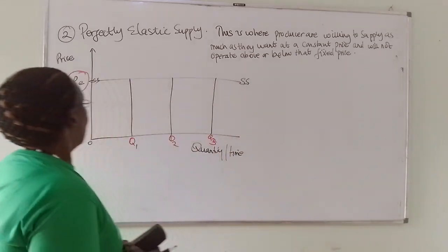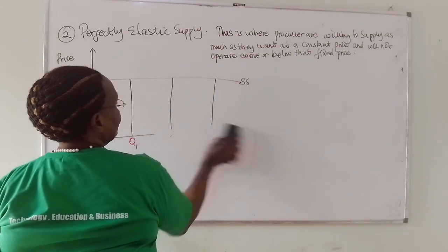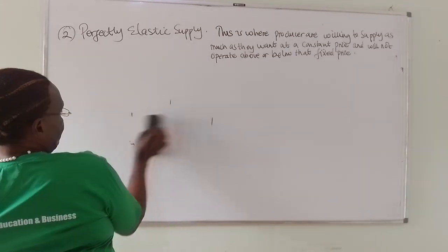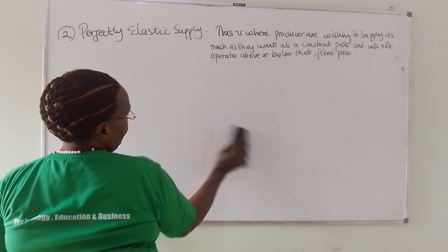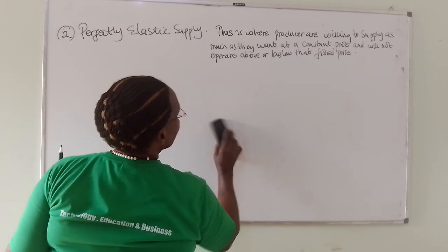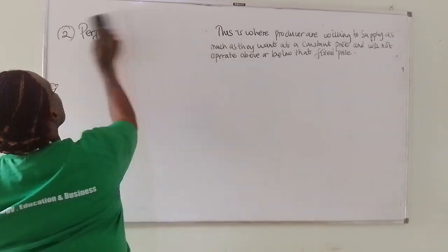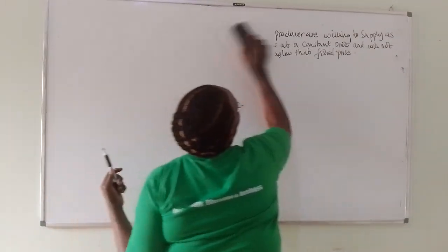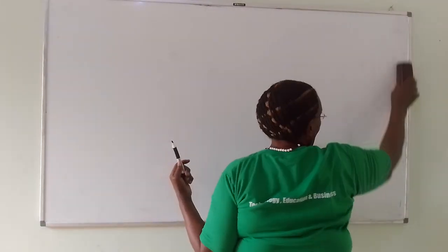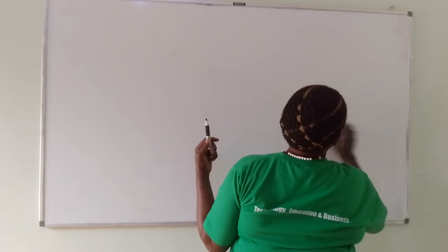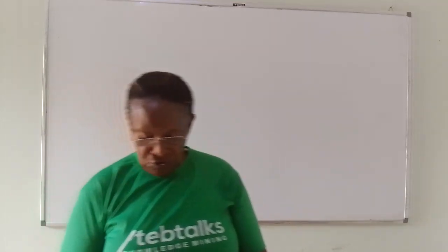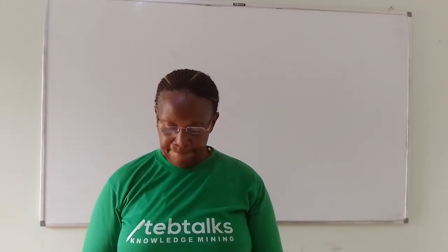So that is the perfectly elastic supply, and the coefficient is infinity, because you are dividing a big change in quantity supplied by no change or zero change, and any figure divided by 0 is going to give you a value of infinity.